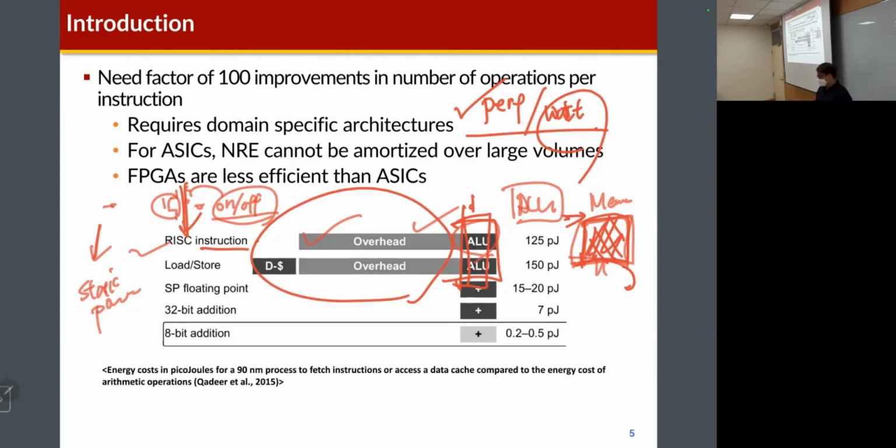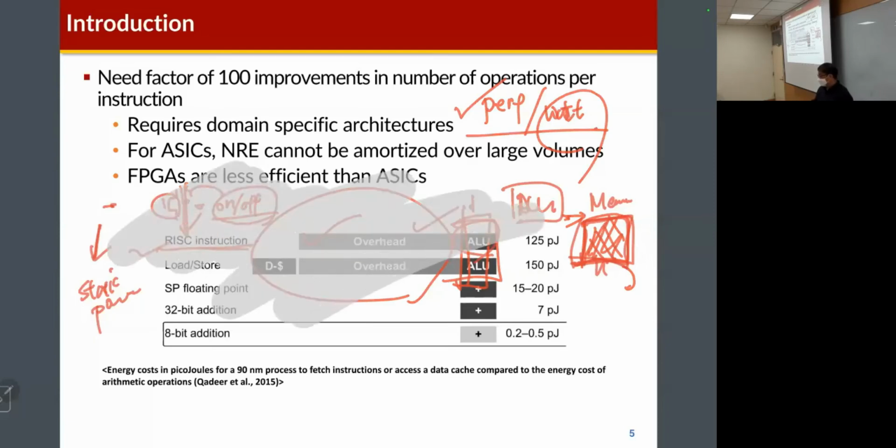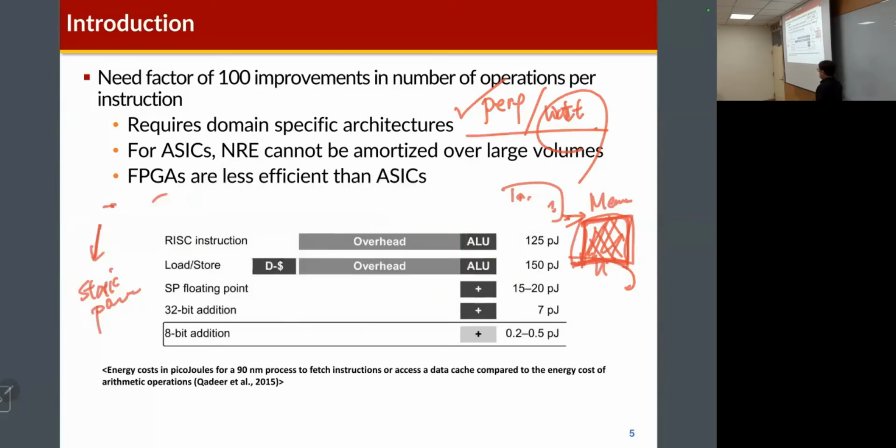You can just see this observation. If you want to execute a general purpose instruction, this is the required power overhead. And if we can reduce this power overhead per instruction, then we can increase the performance per watt.